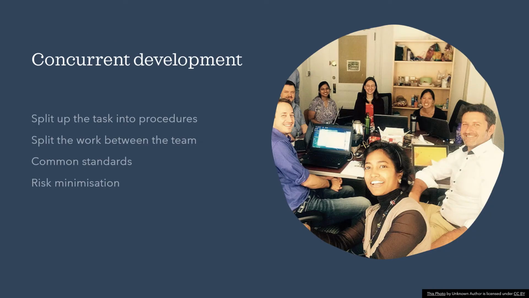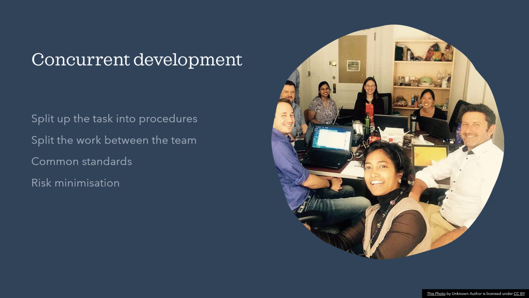Now, concurrency is also used in a completely different way to represent how a team of programmers work. So this is a team of programmers, and when they're sitting down to do a task, they split the task up into subtasks. We already talked about this, decomposition, and then each person in the team is given a different part of the task to do. And we've talked about how to make this work.